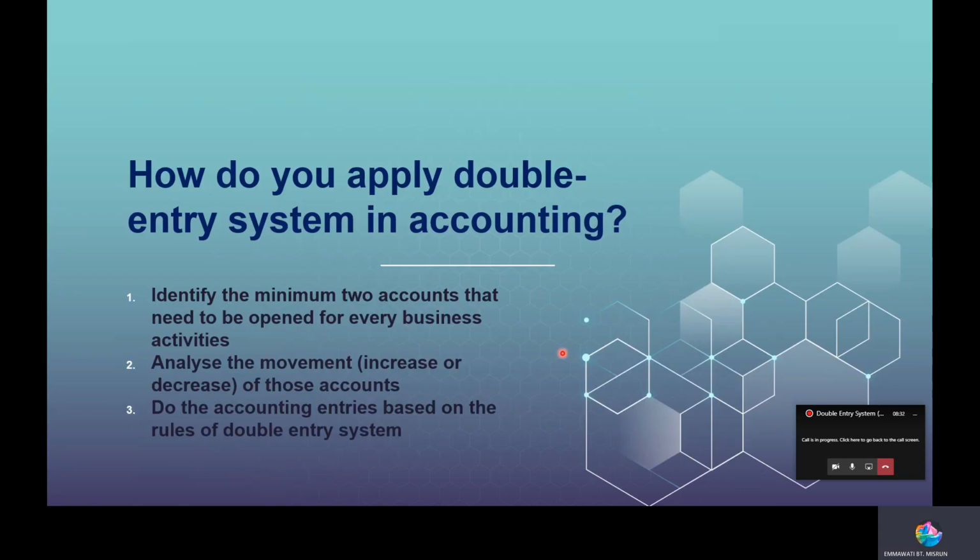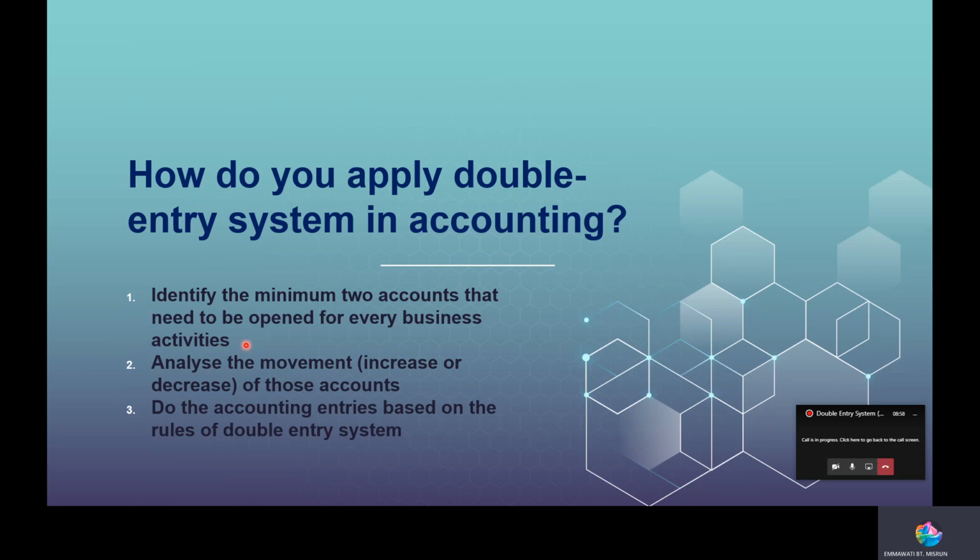Okay, let's discuss how we should do the double entry system in accounting. In order for you to apply the double entry system, we need to go through these 3 steps or procedures. First, you need to identify the minimum 2 accounts that need to be opened for every business activity.